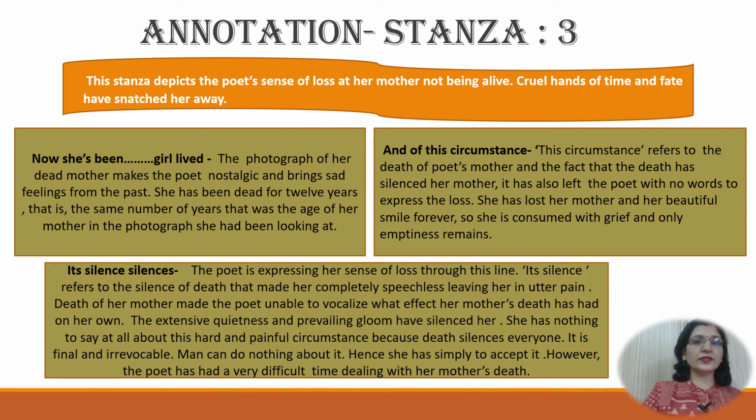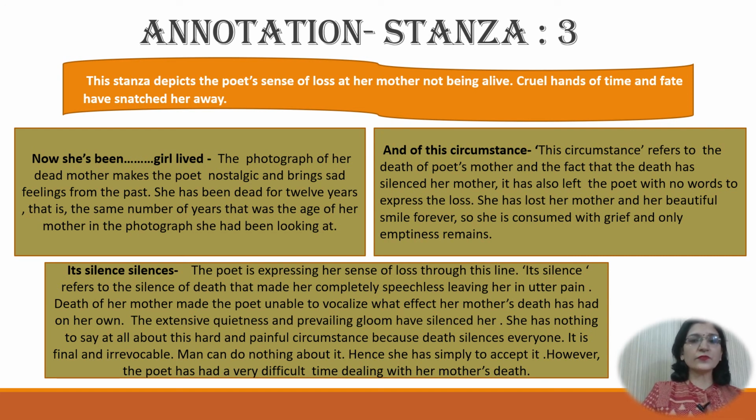The line "it silences": through this line, the poet is expressing her sense of loss. Its silence refers to the silence of death that made the poet completely speechless, leaving her in utter pain. The death of her mother made the poet unable to vocalize what effect her mother's death has had on her.